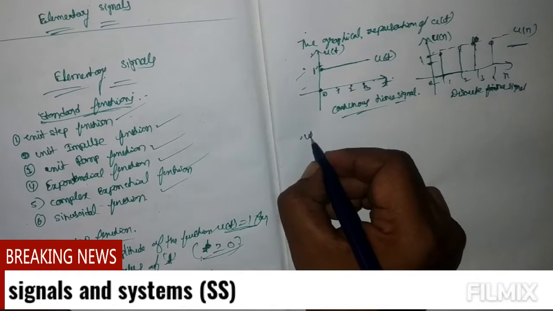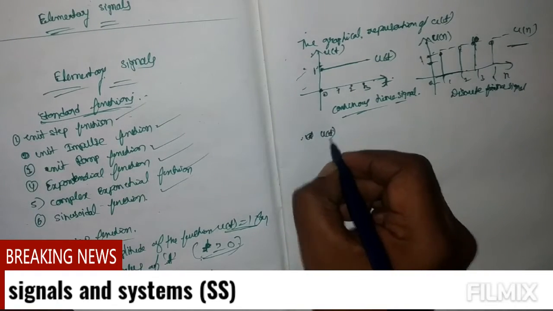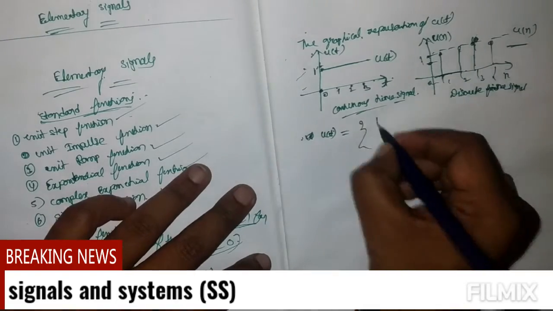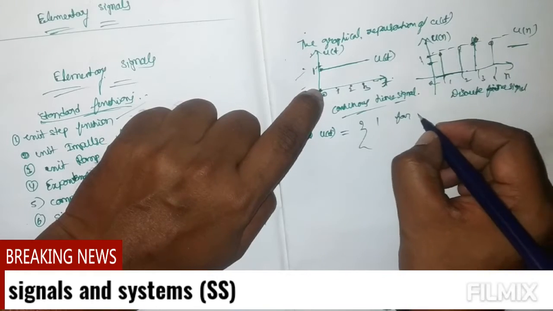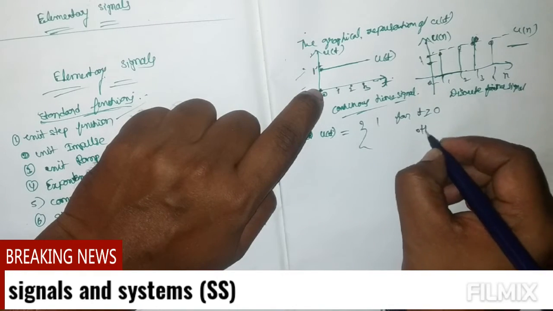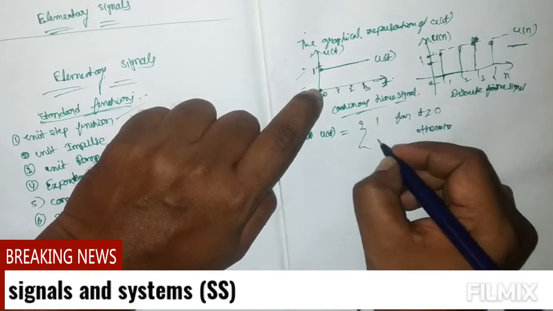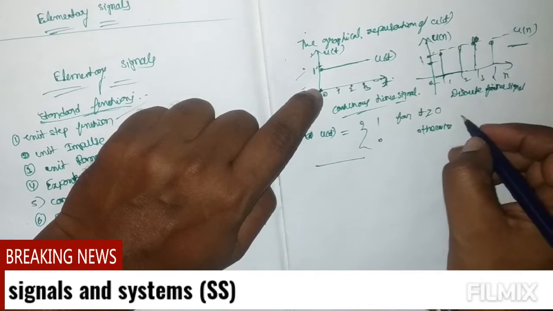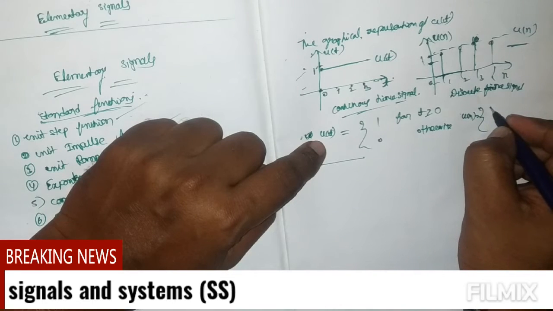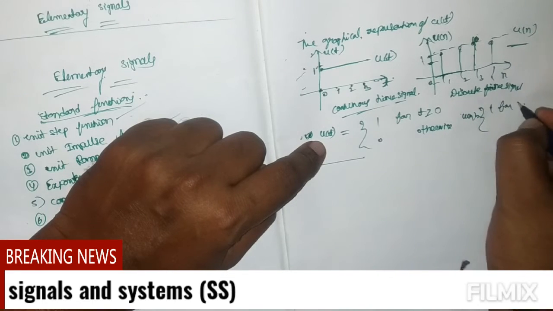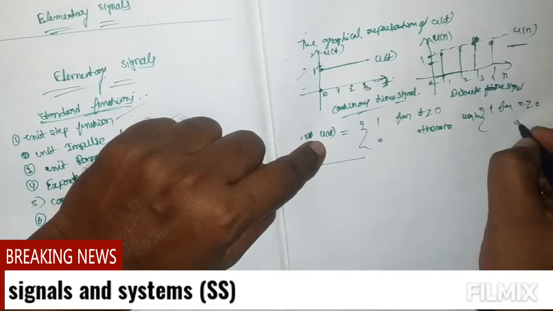It is also represented as a function. u of t equals 1 for t greater than or equal to 0, otherwise 0. This is a continuous time signal. For a discrete time signal, u of n equals 1 for n greater than or equal to 0, otherwise equal to 0.